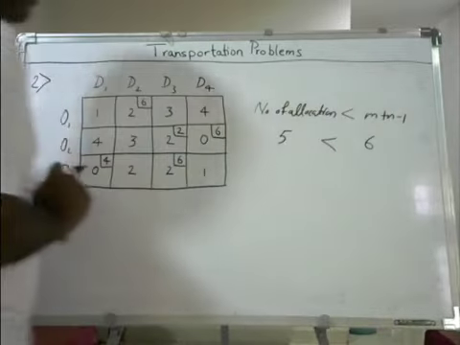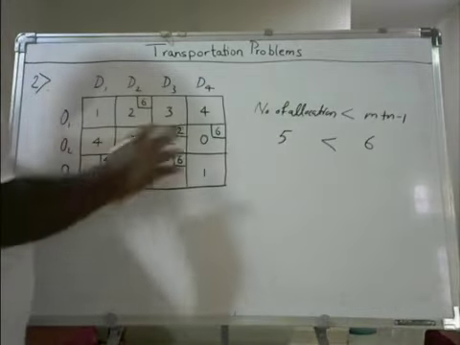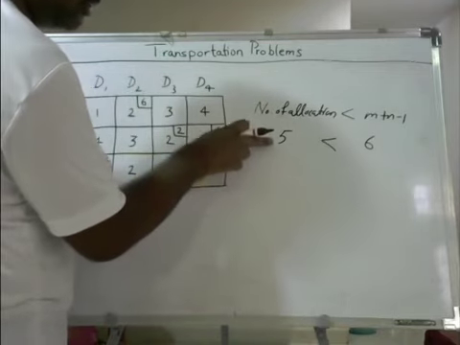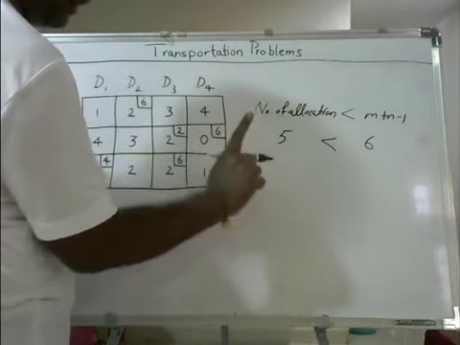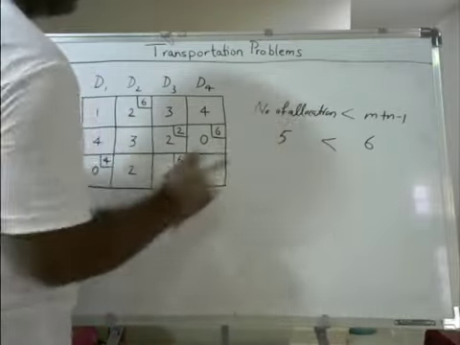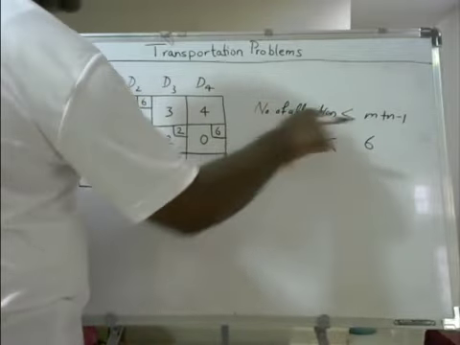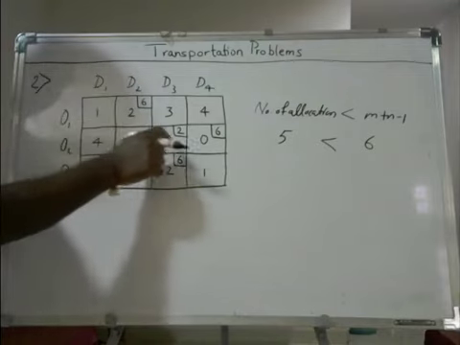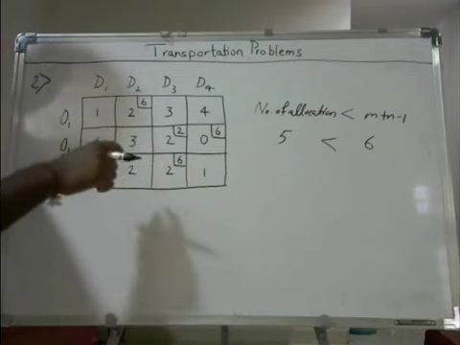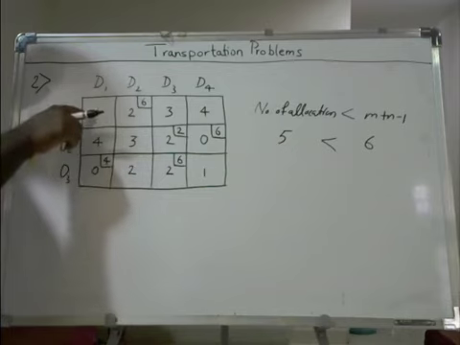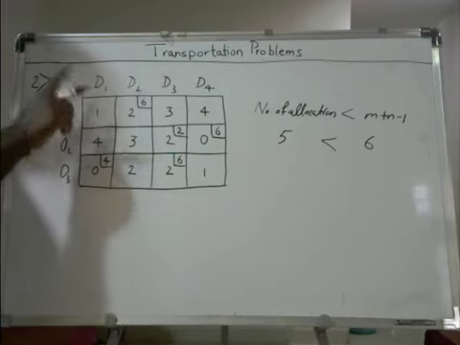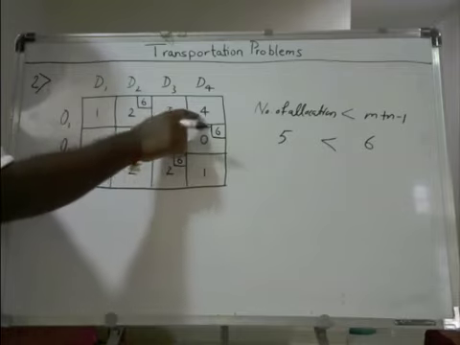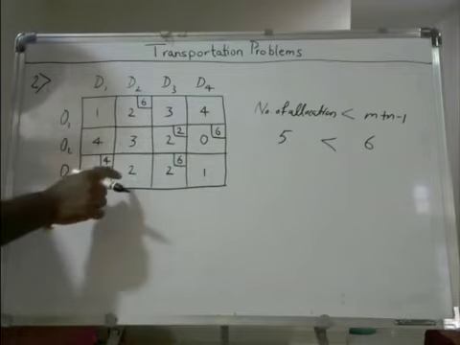So in this situation, it's a degenerate solution. Now we need one more allocation so that the allocations equal m plus n minus 1. We have 5 allocations, 1, 2, 3, 4, 5. We have to make one allocation in any of these unoccupied cells, either here, here, here, here, here, here, or here.